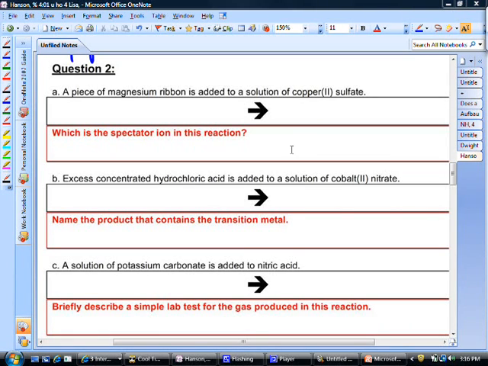Now, in the last video, we looked at a couple of reactions that were double replacement and a reaction that was synthesis. Here we're looking at single replacement, because we're going to start here with solid magnesium ribbon, and we're going to place that in an aqueous solution of copper sulfate.